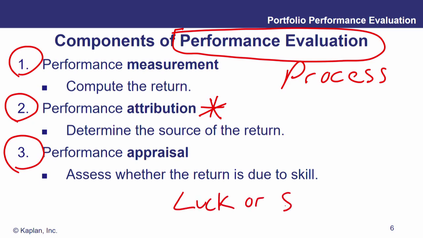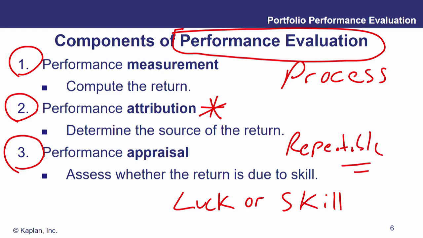We really want to drill down. Was this portfolio manager just lucky this year, or this time we reviewed the returns? Or do they have skill? And is it repeatable? Can they continue to keep doing what they're doing, or was this just a lucky year?